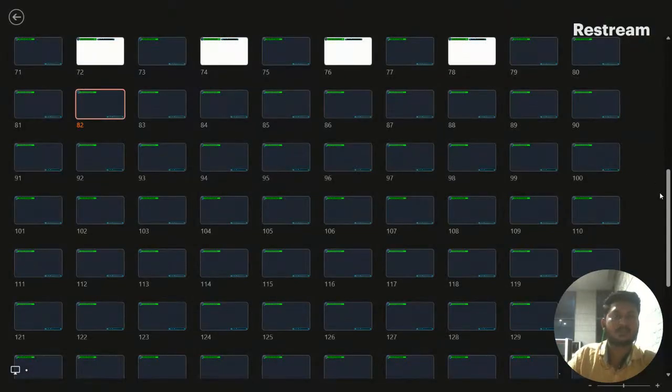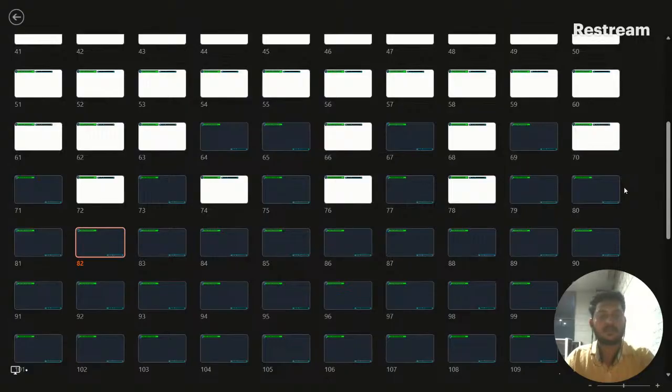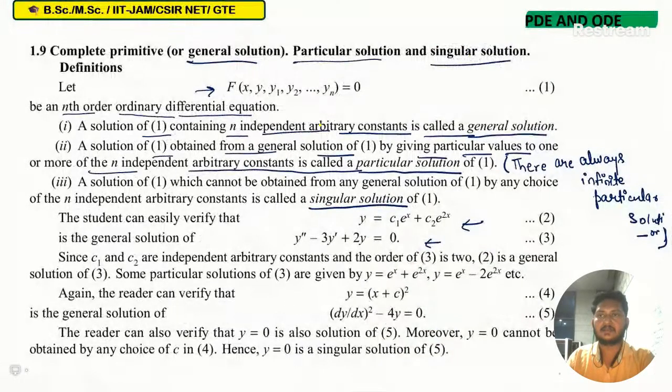So I will show you now. First of all, I show you the steps here, something like this. Then I will proceed. I am on the 8th slide. Okay, so here the complementary, primitive, general, particular solution is a similar solution.